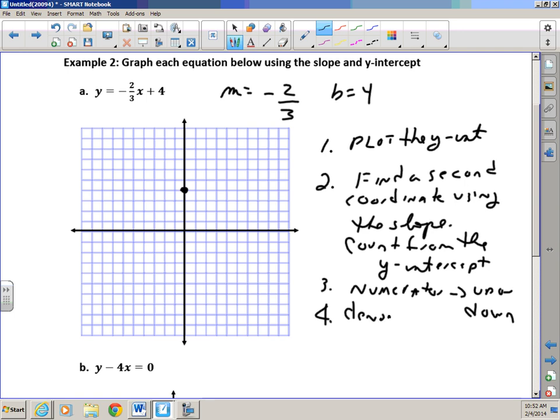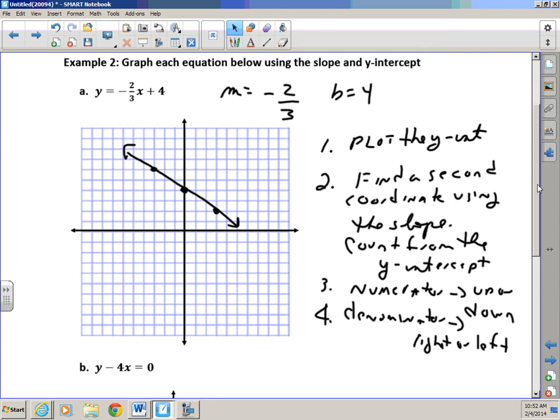The denominator, right or left. Now, since this slope is negative, you've got to be careful. If I go up 2, which is a positive movement, I then have to go left 3 to get a negative movement. Or I could go down 2, which is negative movement, and to the right 3, which is positive. I only need to do one of those 2 points, but I just demonstrated both of them just to make it clear how you do that.